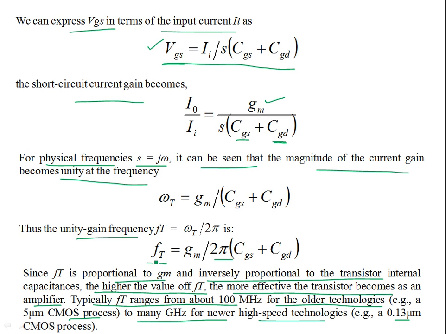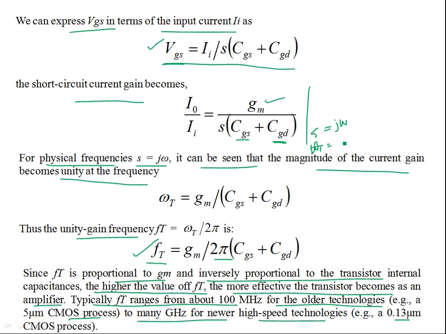You see the reason for this: Ft is the frequency for which the current gain is unity. Since s is j omega, and the relationship between Ft and omega involves a 2 pi, that is, 2 pi f is omega, let's put omega itself.